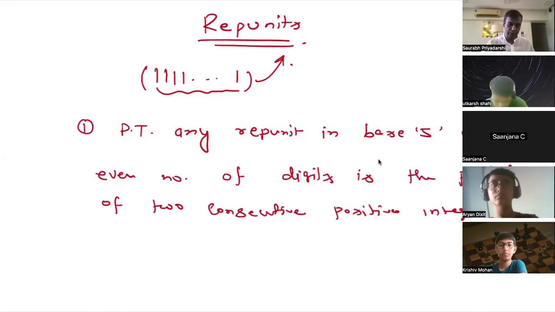So just go through this, right? You have to prove. So we have to go with 1 1 1 1, n times or 2n times, something like that, right? Take your time.